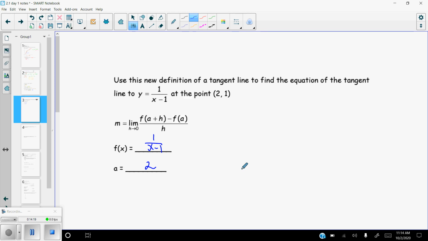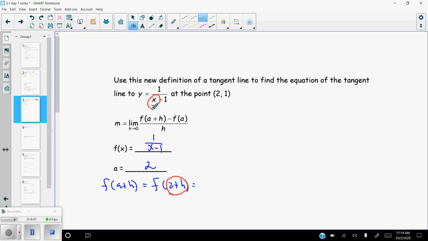But we do need a couple of other pieces. We need f of a plus h. Well, in this case, our a value is 2, so that's f of 2 plus h. And now to find that, we're actually just going to take 2 plus h and plug it in for all of our x's in the original equation, because that's what f of something means.